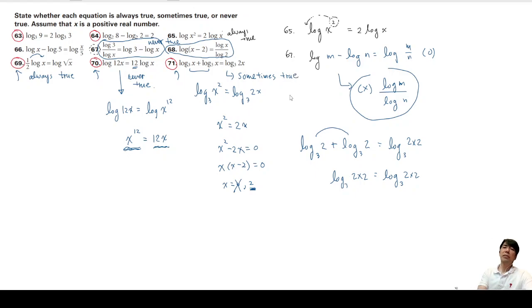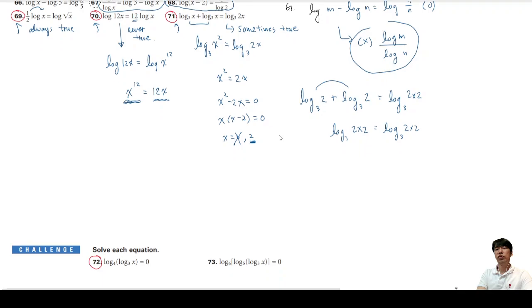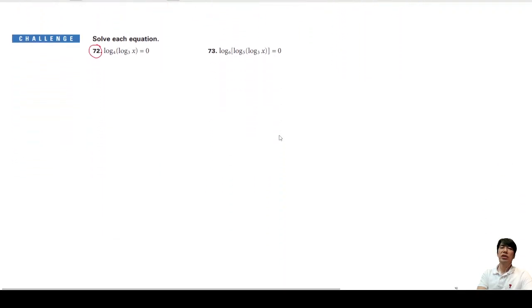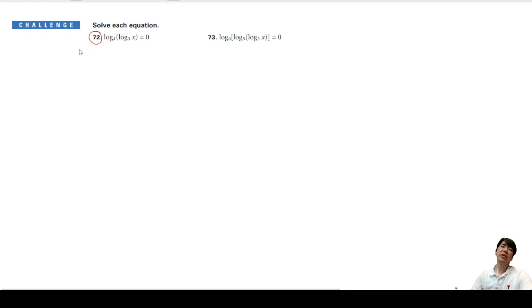All right, let's move to the next block. So challenge question, we did 72 already. I said this looks a little bit complicated, but it's not really hard. So I told you to try 73 at home. When you look at this one, I said look at this expression inside this big bracket as a chunk.